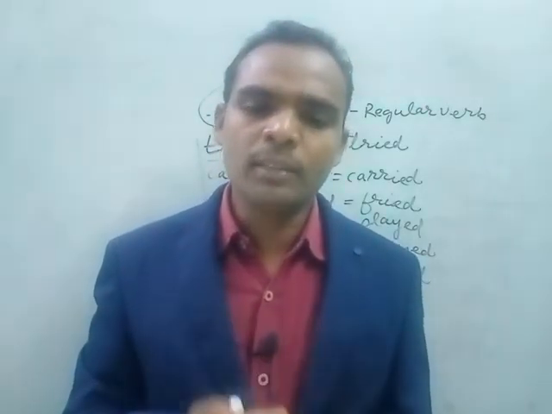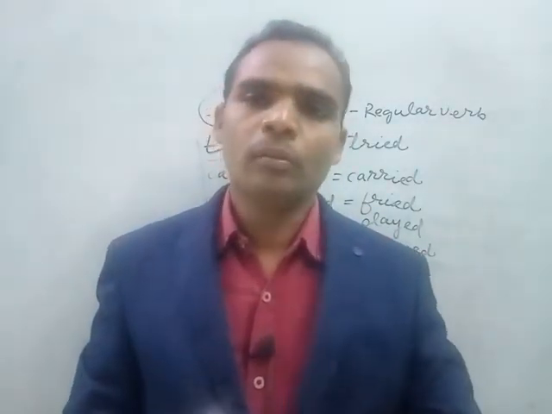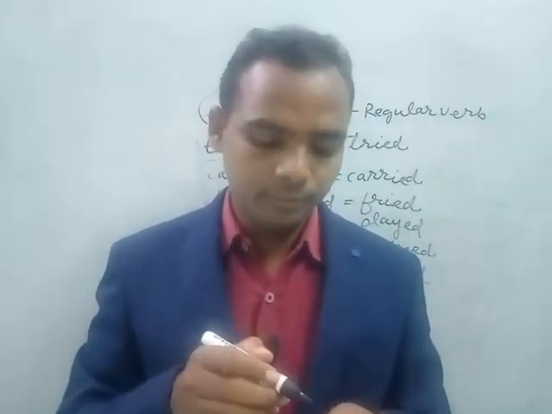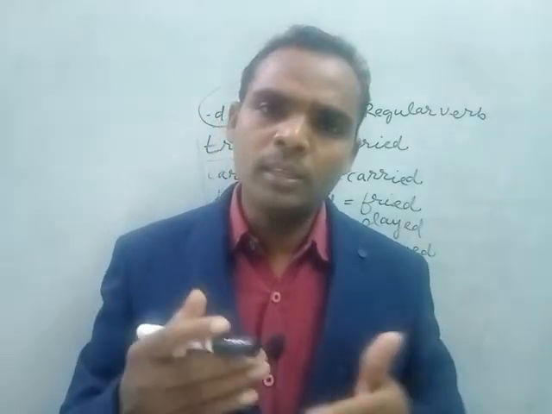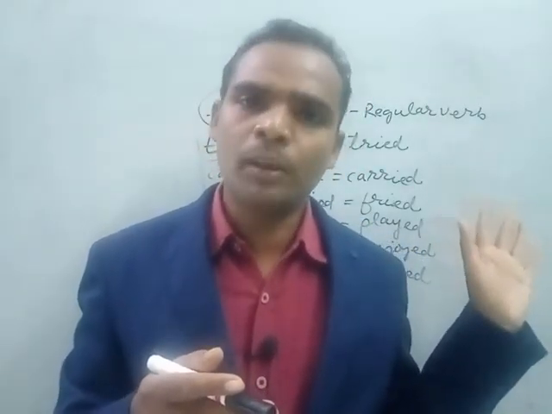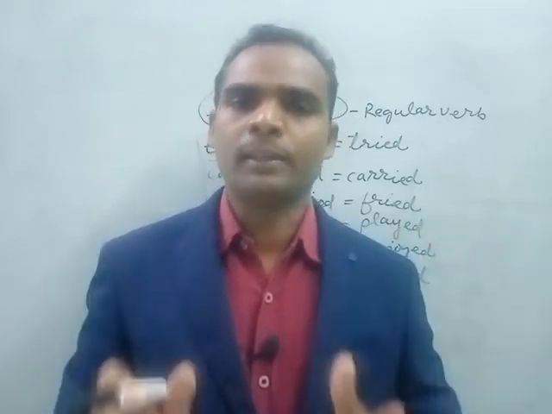Regular verbs, once again I am telling you, adding of d, ed or ied. How it is made, I have already explained to you people. You have to practice it.